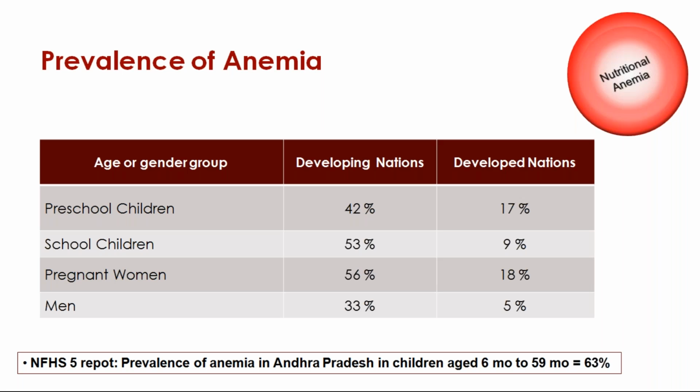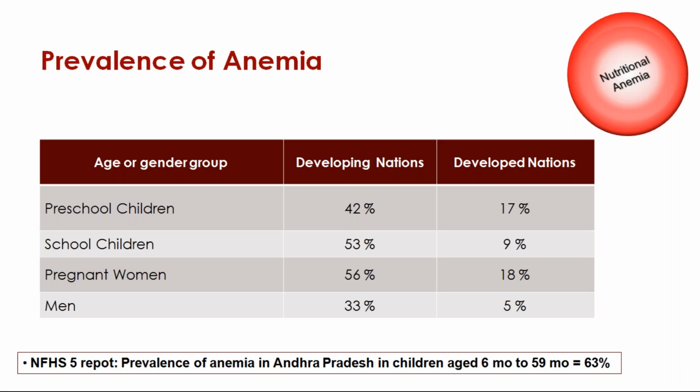And the latest is the National Family Health Survey 5, the NFHS report, which all of you are familiar with. This report is from 2020 and has come recently. There are 22 states, and fortunately Andhra Pradesh is in it, because in another 7 states the surveys are still going on and the compiling is going on.